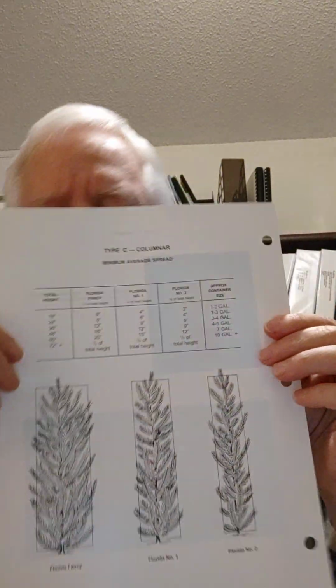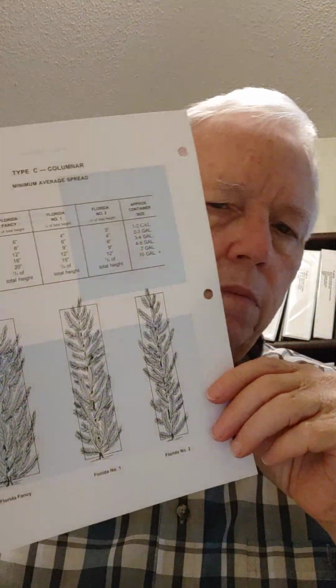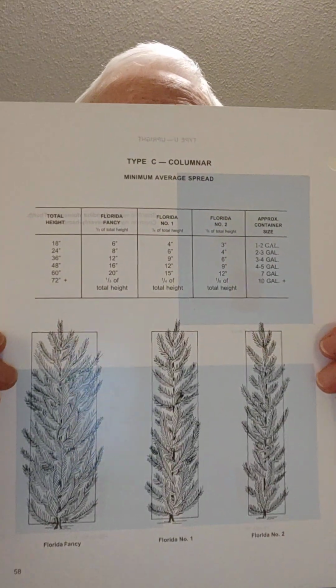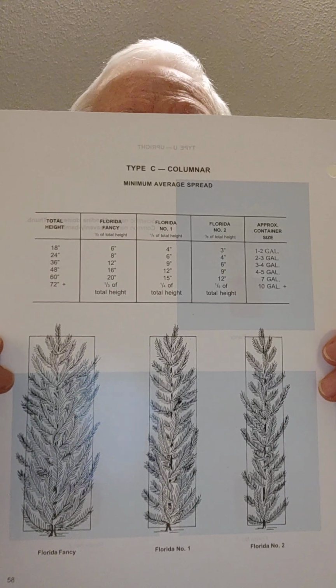But out of the Grades and Standards, I thought I'd start with a sheet talking about various types of plants and characteristics of plants. This is an image of what they call columnar plants.